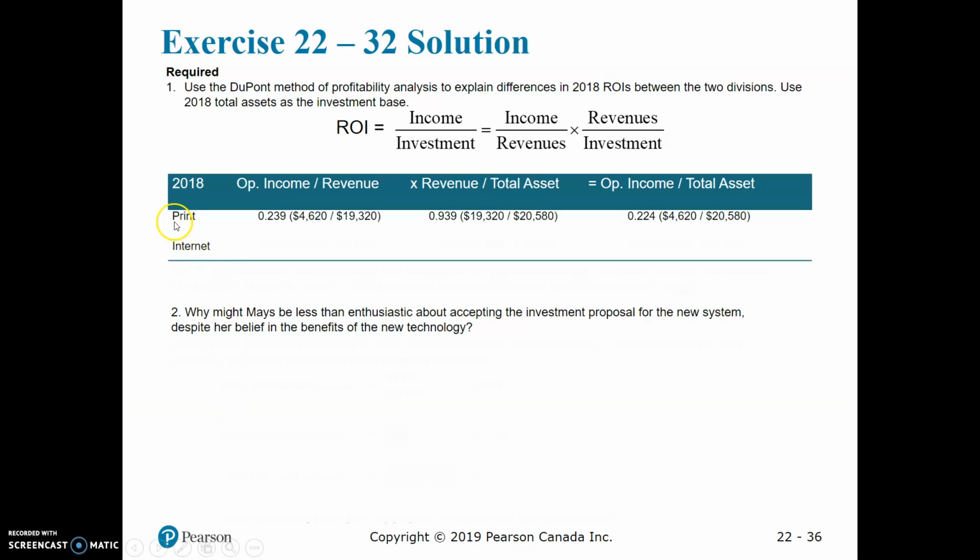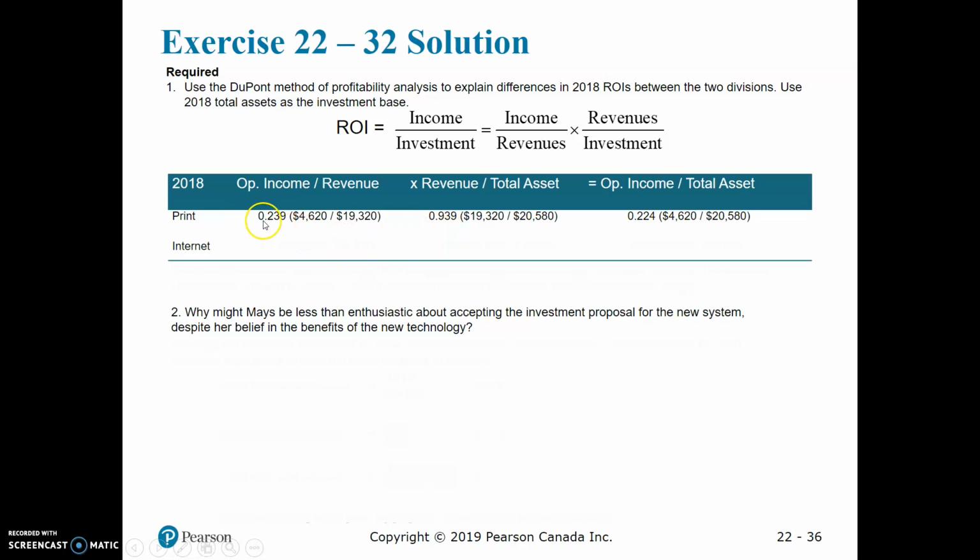So now let's perform the calculations for the print division. Operating income of $4,620 divided by 2018 revenues of $19,320 gives us 0.239 or 23.9%, times $19,320 of revenues divided by $20,580 of total assets for 2018, which gives 0.939.